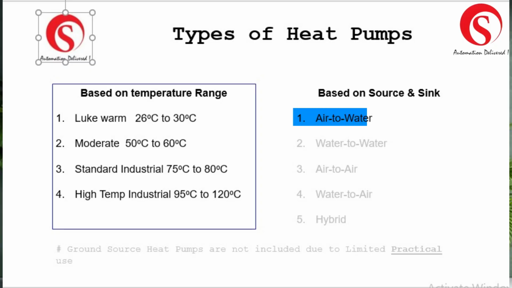Now let us move to the type of heat pumps based on the heat source and the heat sink. So what does that mean? Let us have a quick discussion on that. So I would put them in 5 different categories. First is a standalone air to water heat pump. You want to keep the heat pump outside your factory compound walls, not within the shop floor, just outside the shop floor.